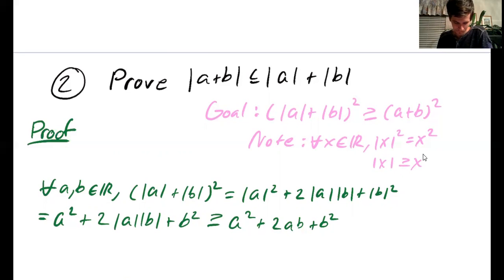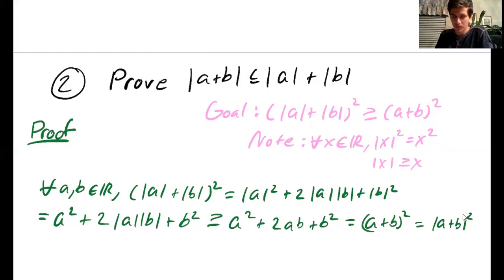Okay. Which then is going to be equal to A plus B squared, which is equal to the absolute value of A plus B squared. Notice using this property, just backwards.